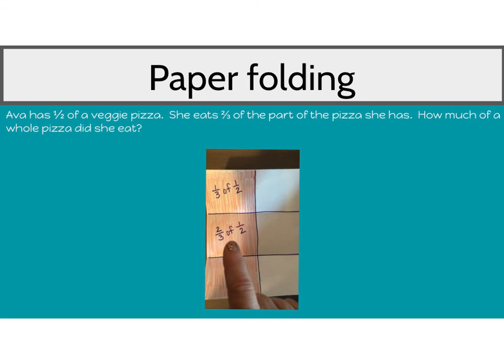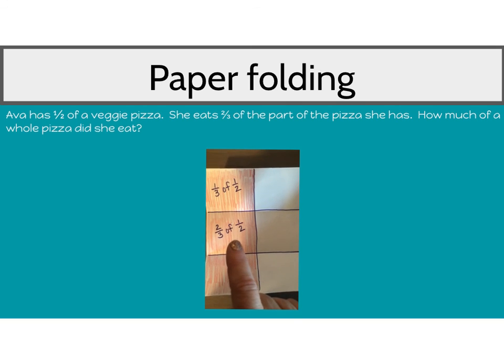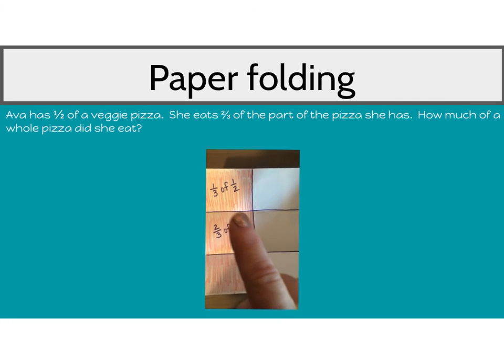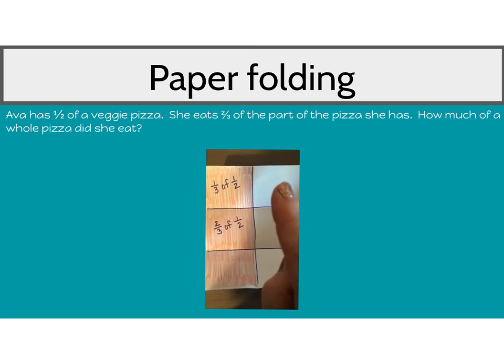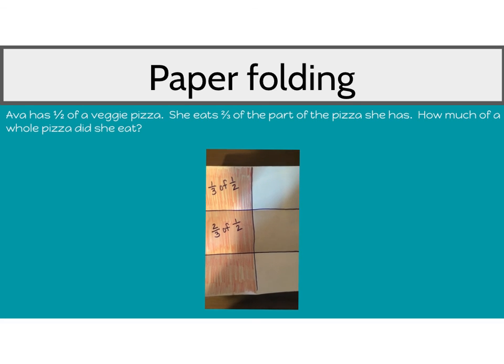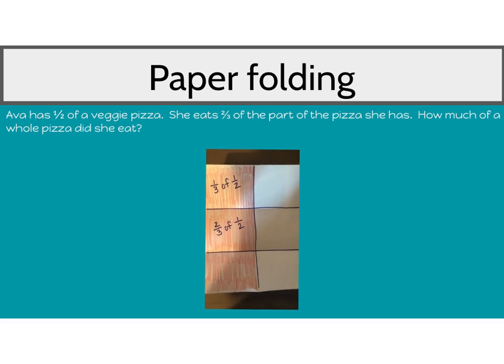Then this would be 2/3 of half. And so the answer to the question is going to be what? If they ate 2/3 of half, 2/3 of half is 2/6, because we're going to count this as 1, 2, and then there's 1, 2, 3, 4, 5, 6 total parts. So my answer would be 2/6.